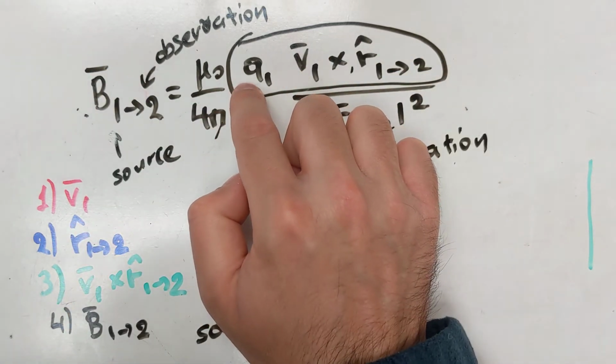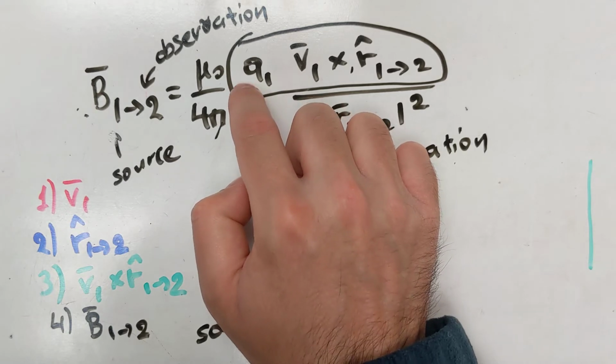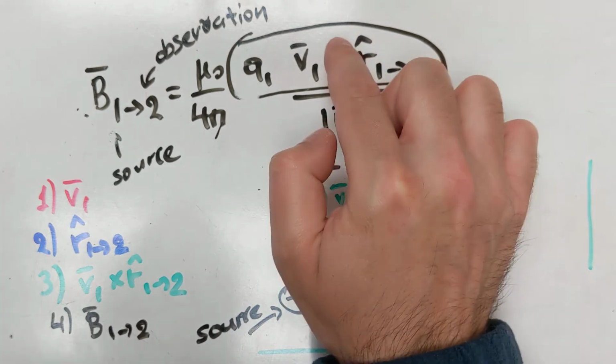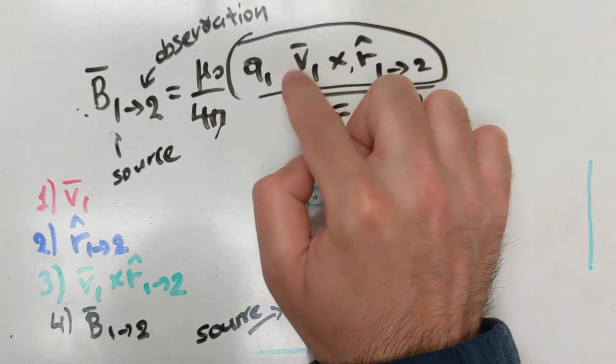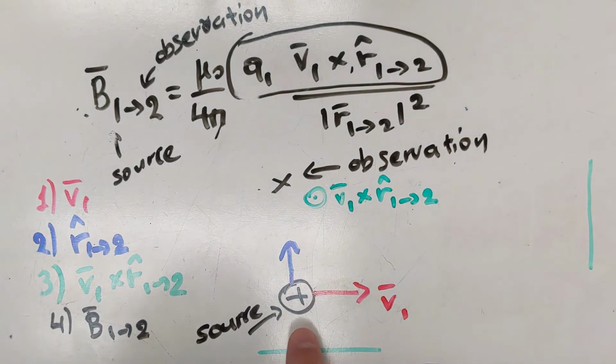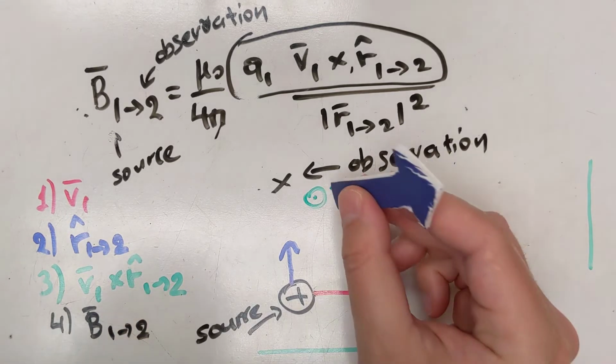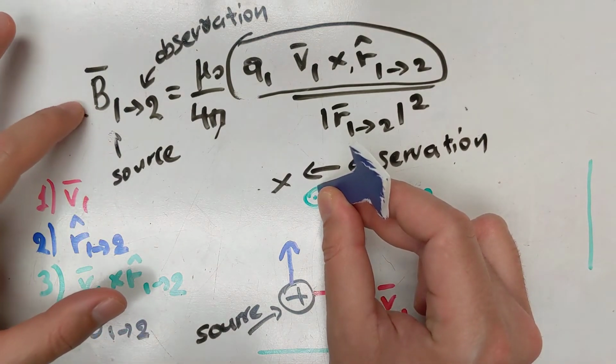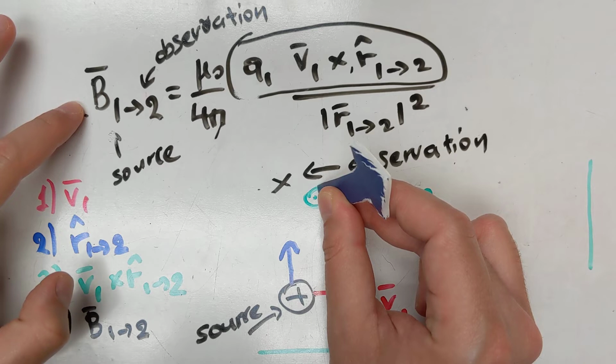If Q1 is a negative number, then that minus sign will essentially mean that B points in the opposite direction of the cross product. Now, the charge that I have here is a positive charge. So, whatever direction I found for the cross product, B will point in the same direction.